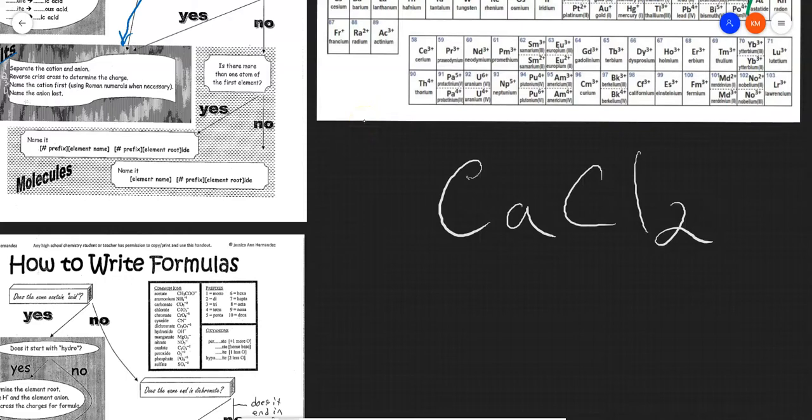Separate the cation from the anion. Well, capital, so they separate here. CaCl. Now this is a 2. So again, reverse crisscross. So this comes here, and this becomes a 2 plus, and the 1 that's down here comes up here, and this becomes a 1 minus.